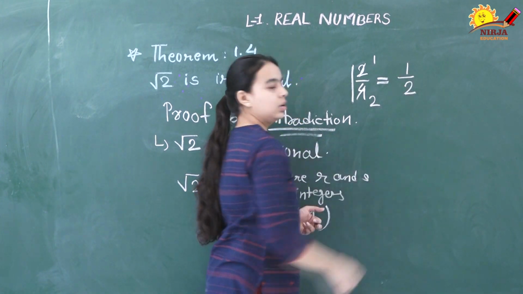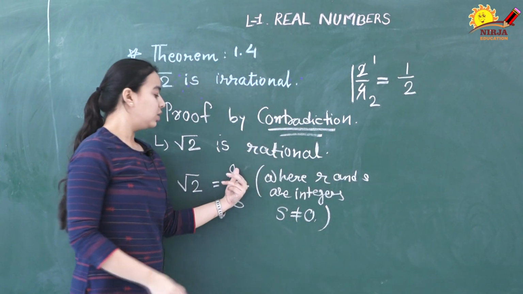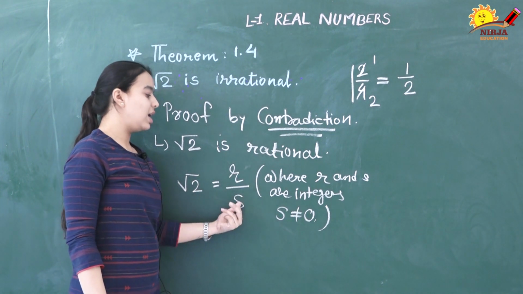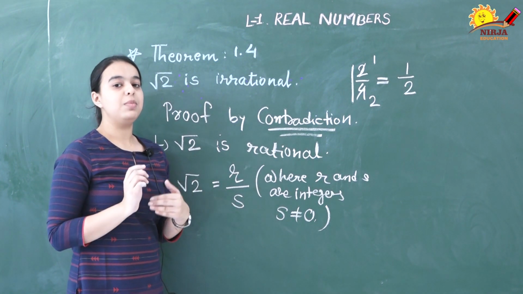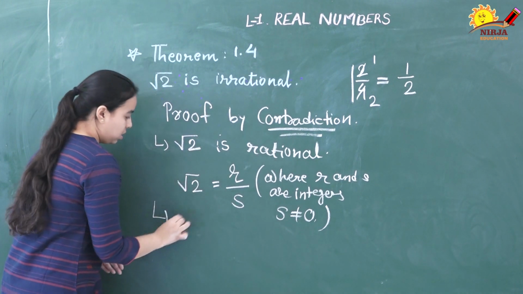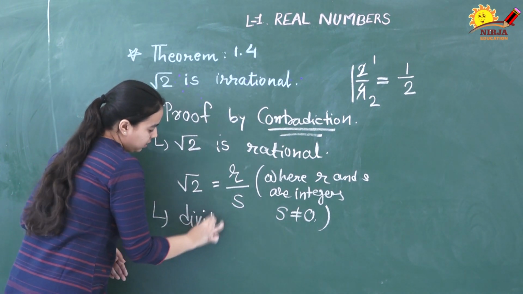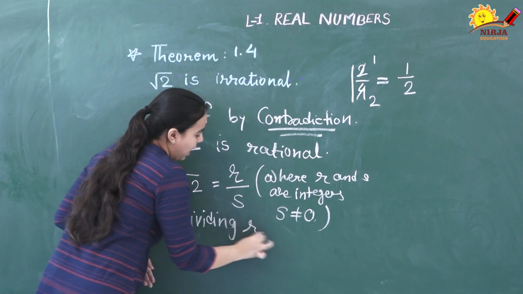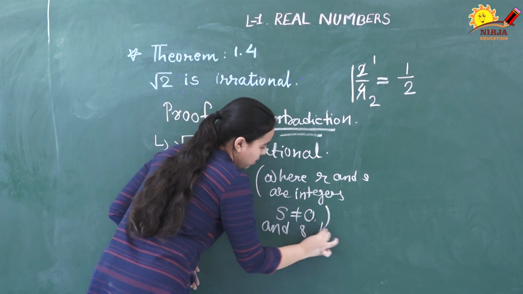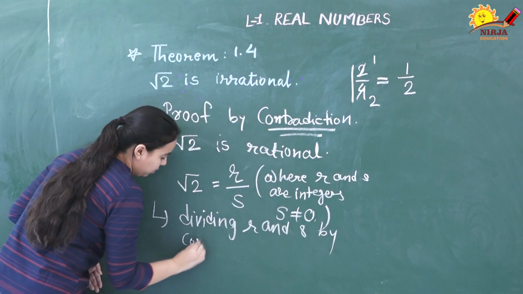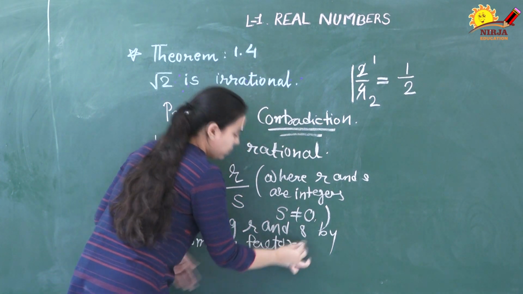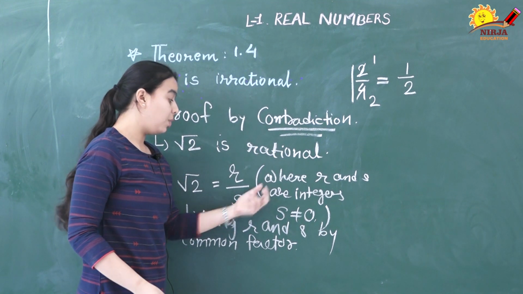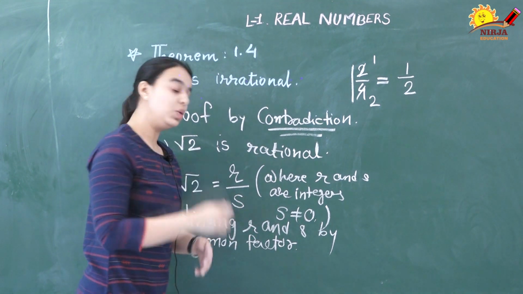1 by 2. In the same way, these two integers r and s also have a common factor, and if I divide r and s by the common factor, then I will get new integers.